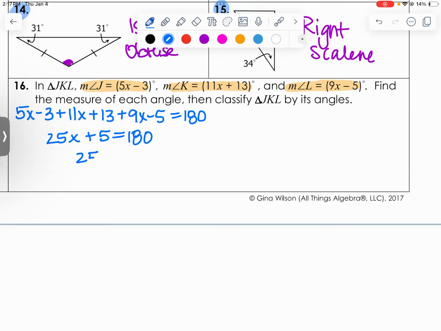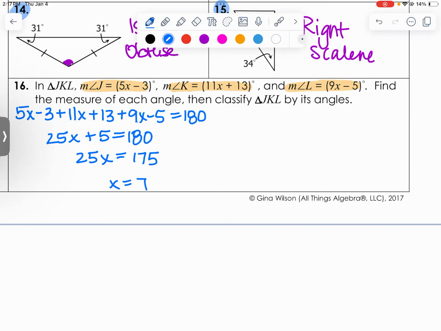So 25X equals 175, right? So X equals 7. Okay, but I don't care about that. I mean, I care about it, but that's not our ending, all right?